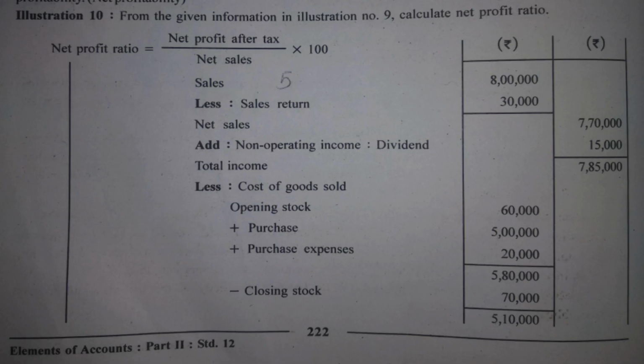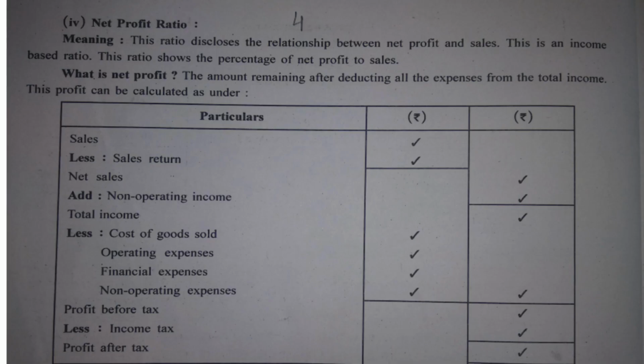Okay, we can see here. Sales 8 lakh. We are in the solution of illustration 10. Less sales return 30,000. So net sales is 7,70,000. As per the formula, what is the next step? You are supposed to add non-operating income.